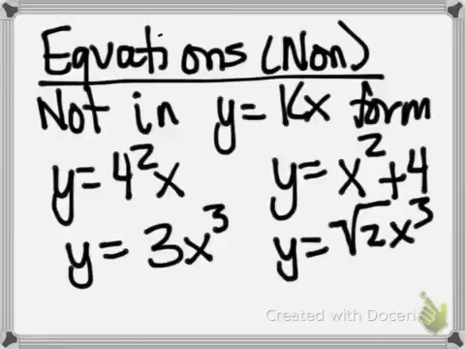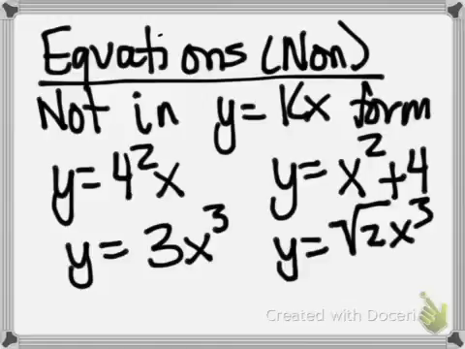On the other hand, if equations in the form y equals kx are proportional, then the ones that are not in that form will be non-proportional. So I have 4 examples here that are non-proportional. Y equals 4 squared x. Again, that is non-proportional. Y equals 3x cubed.